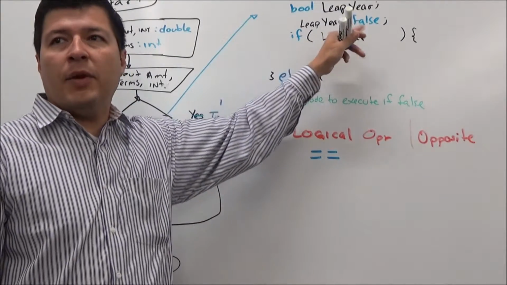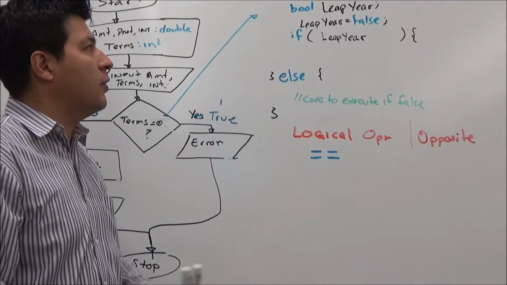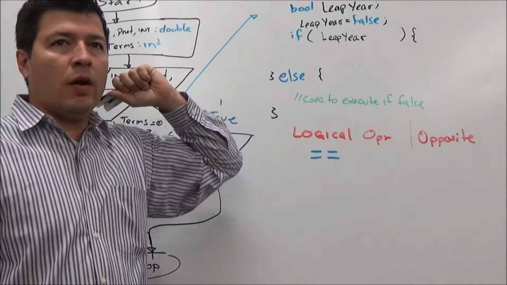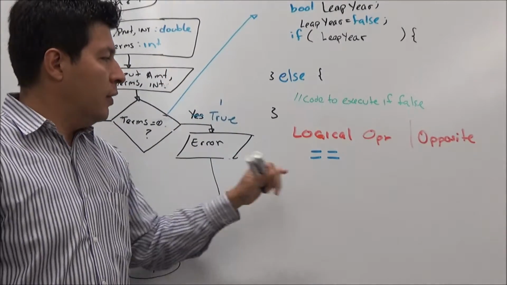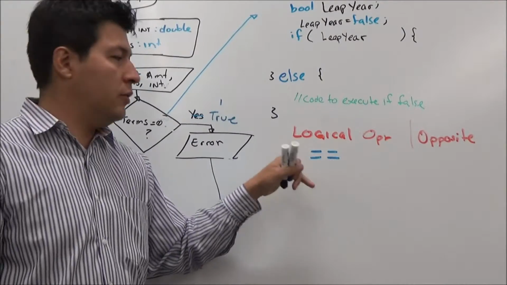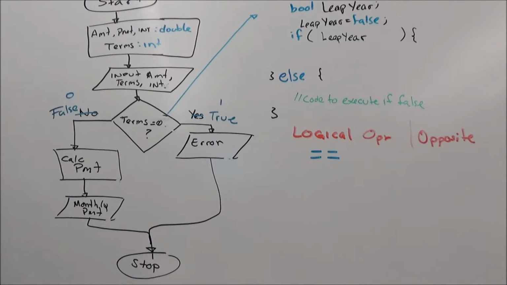That's called the assignment operator. So if the computer sees only one equal sign, it's gonna say whatever's on the right side goes on the left. It's not a comparison. That's why we use two, to say this is a comparison. You're testing the values of the variables on the left and right to see if they're the same.